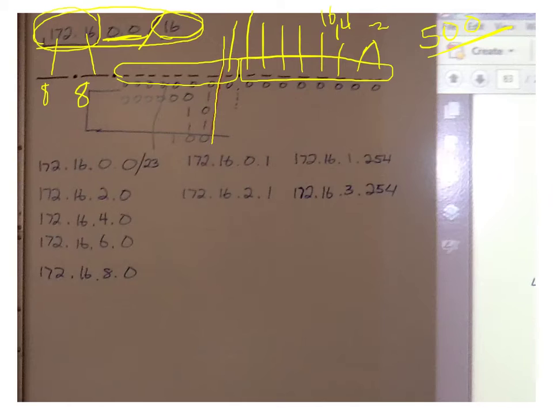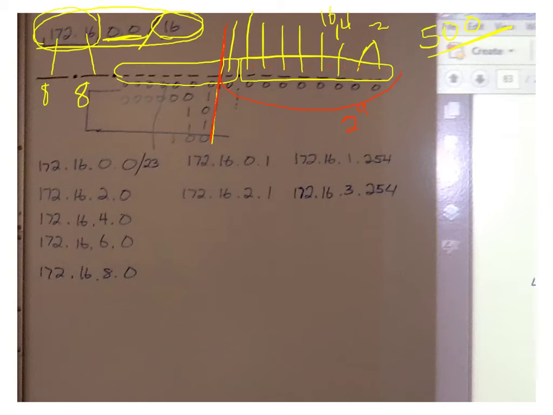Let me show that again. We had that red line right there. Another way you can do this, all these bits, there are 1, 2, 3, 4, 5, 6, 7, 8, 9.